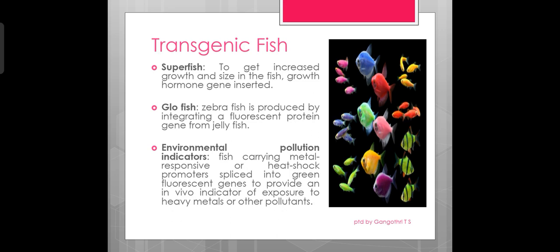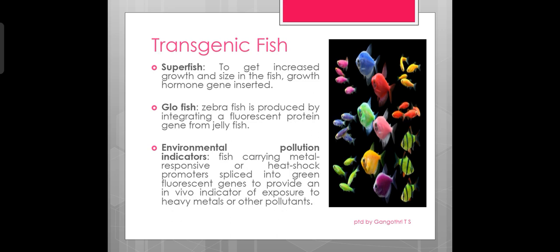Some of the transgenic fish contain genes taken from other fish, humans, and insects also. Examples are salmon, tilapia, trout, catfish, flounder, goldfish, and oysters.